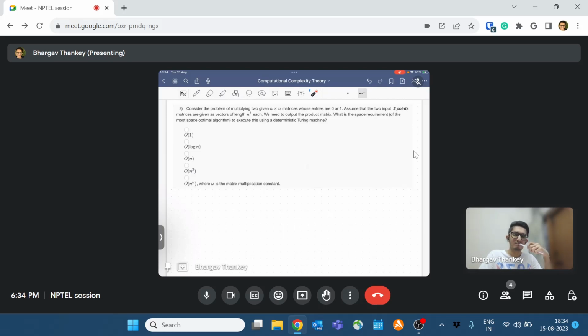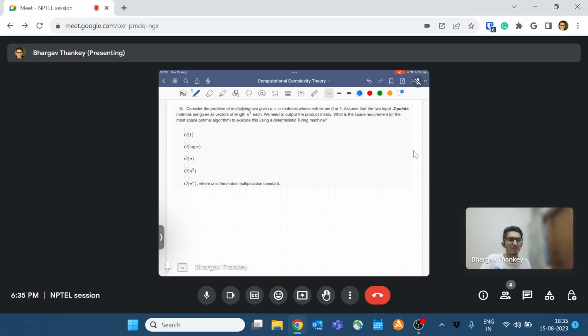To get an element of the product matrix, I require space of the order of n multiplied by something, and I think that I require space of the order of n multiplied by log n, which is not an option here. So at least this much space is required. I require order n space to keep track of the products of the first row and the first column.